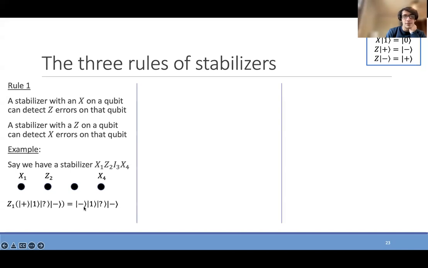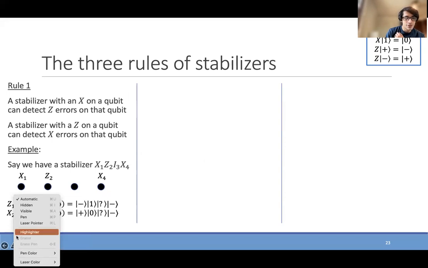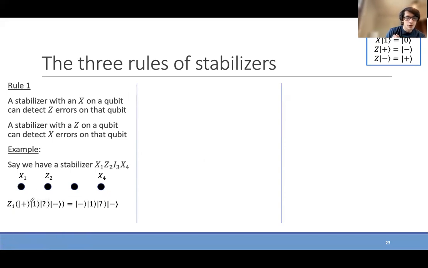Let me write this out, sorry. So this state has the stabilizer equal to +1, but this state has the stabilizer equal to -1 because it's minus times minus times minus. So a Z1 error sends the stabilizer to minus itself, and we can detect it.